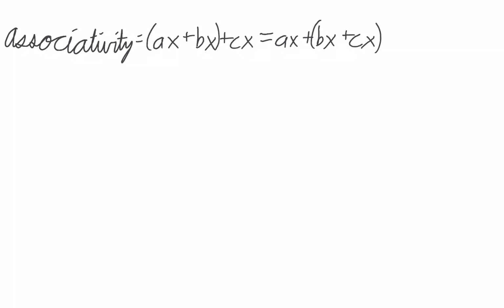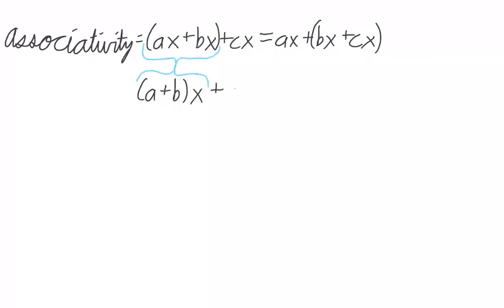First I'm going to simplify it, then I'm going to try to re-expand it to make it look like this side. We already decided that we should combine the like terms. So instead of ax plus bx, I'm going to have a plus b times x.